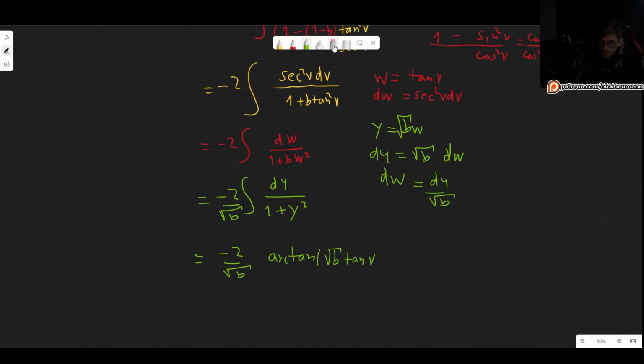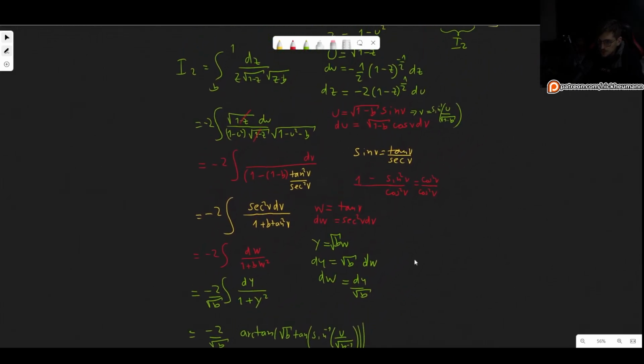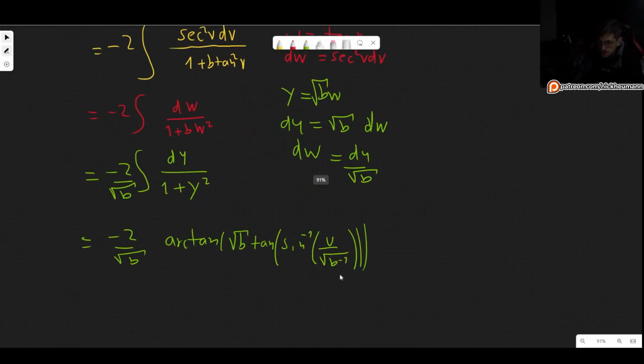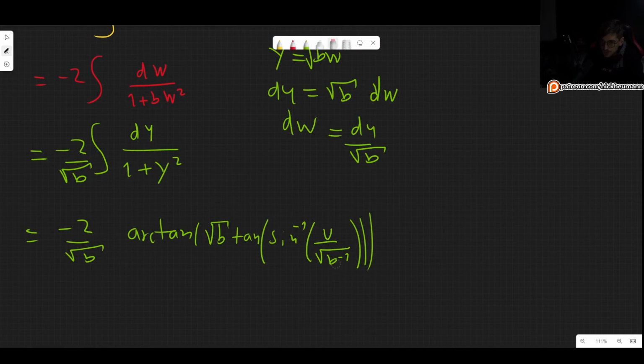So tangent of, and here we have the arc sine, maybe put it as sine to the minus 1 of u divided by, was it square root of b minus 1? I need to double check. So let's see, u divided by the square root of, no, 1 minus b. Okay, I'm glad I checked. So 1 minus b.